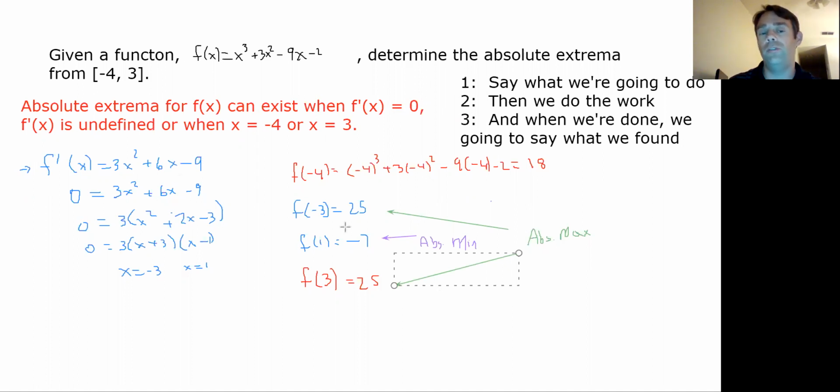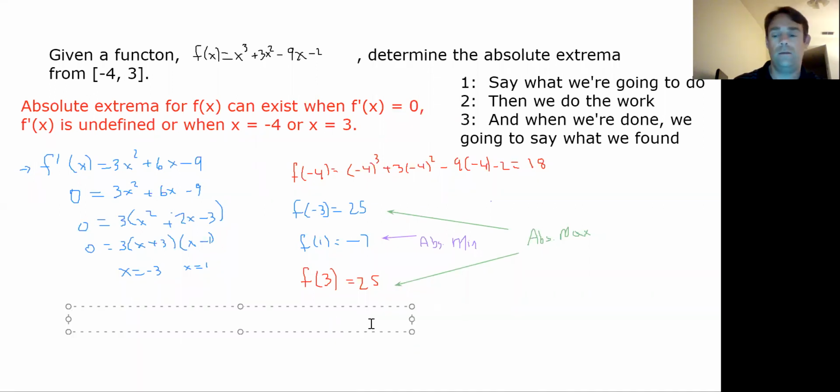So we said what we're going to do. We did all the work. And when we're done, we're going to say what we found. So that absolute minimum is f of 1, our smallest value, equals negative 7.